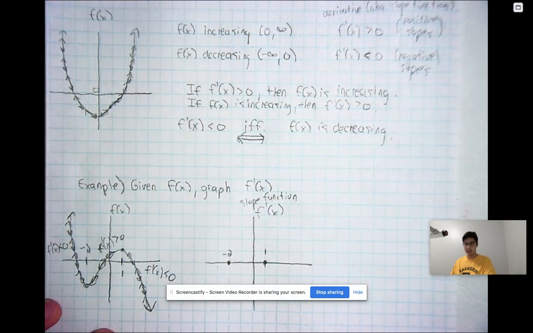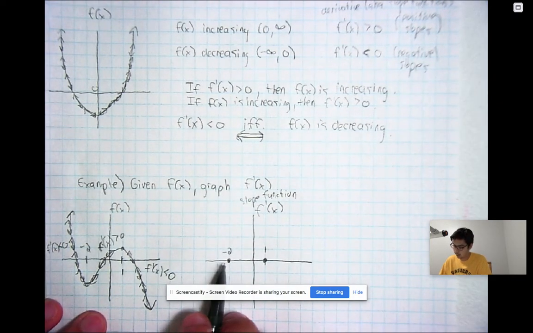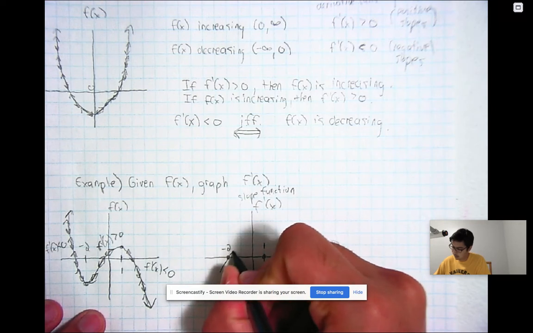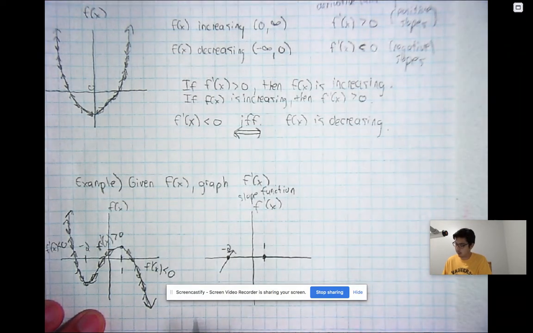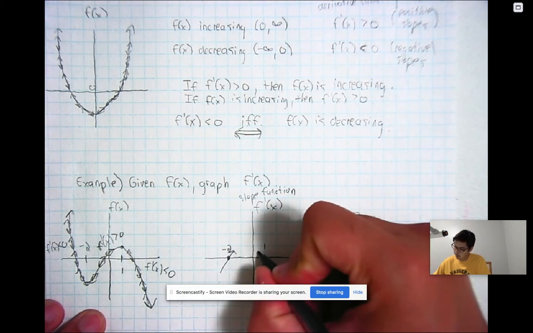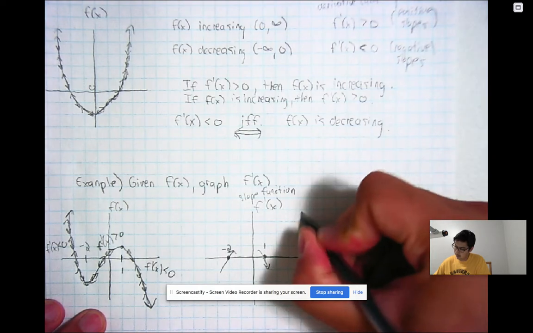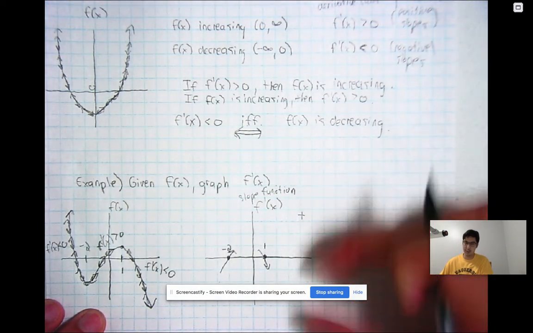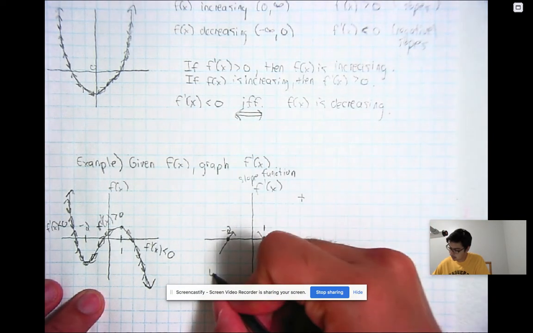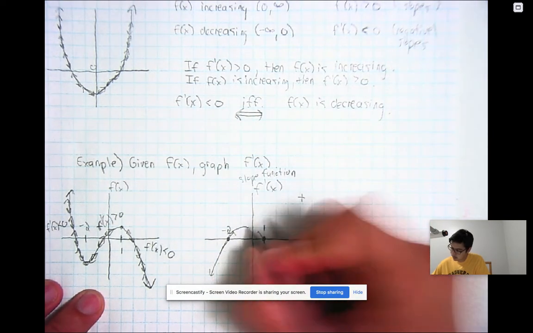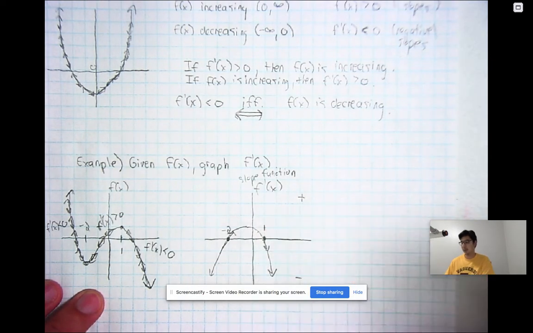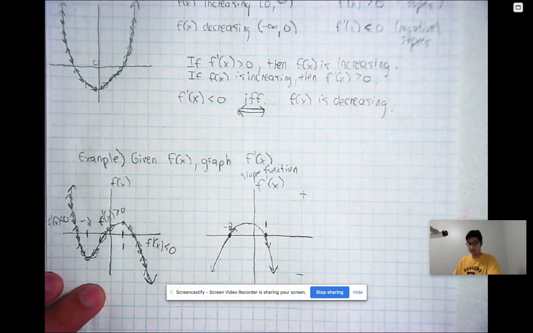So before negative 2 it's negative, and it's coming from negative to positive. Then at 1, it's going from a positive slope to a negative slope, so value-wise it's going from positive to negative. A sketch of it will look something like this. Just a sketch. And there you have it.